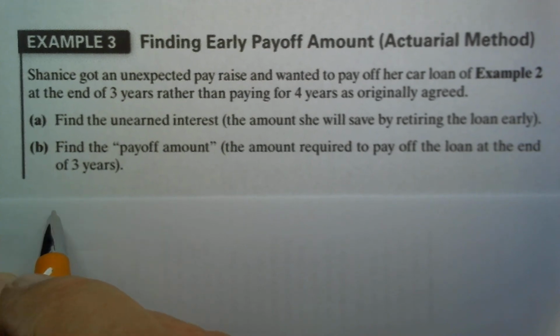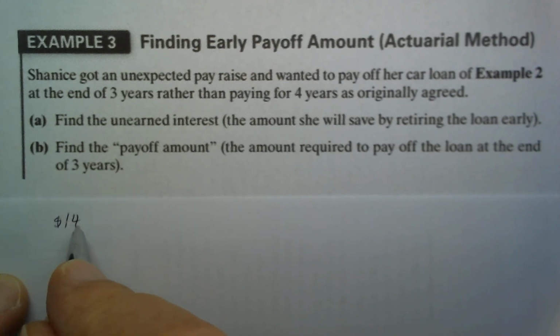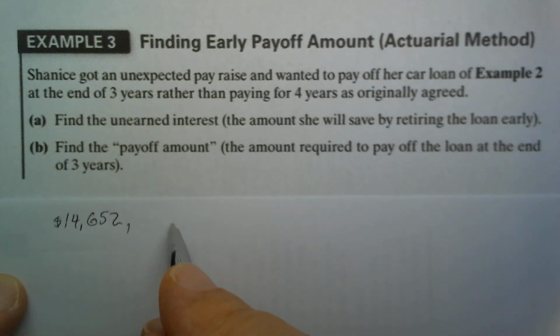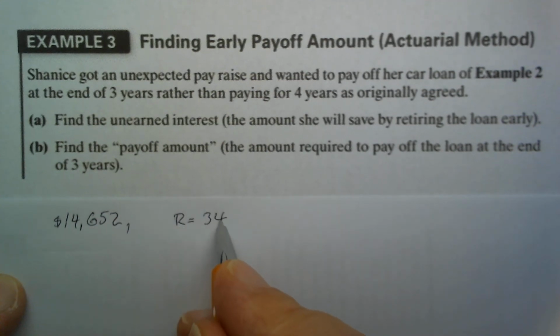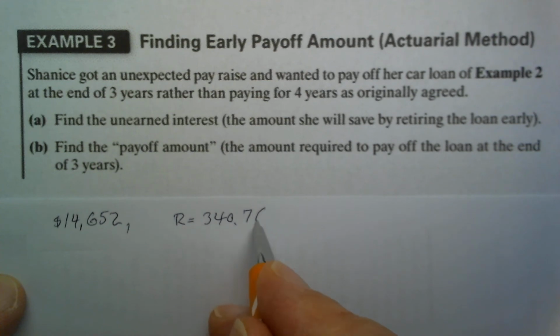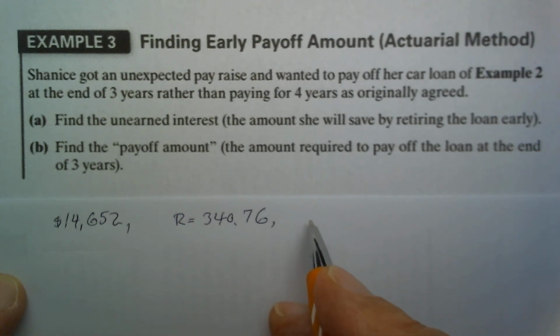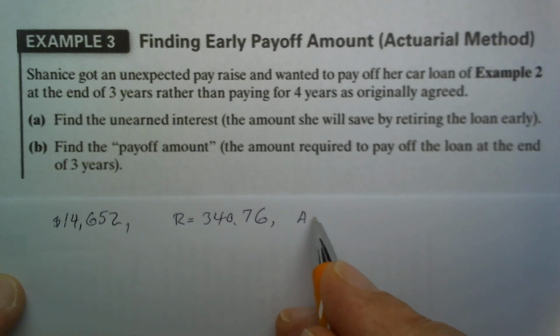So from example number 2, we had that Shanice owed $14,652 on her car, and she had monthly payments of $340.76. So R equals $340.76, and the APR was 5.5%.